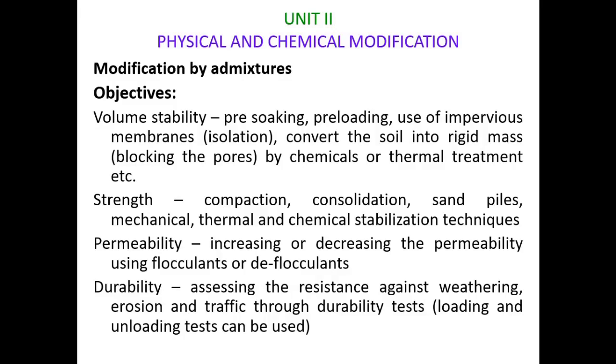High permeabilities can be reduced by compaction, grouts, and using deflocculants such as polyphosphates. The low permeability of a soil can be increased by adding flocculants such as lime and gypsum. The stabilization method employed for altering the permeability need not improve its strength and volume stability.